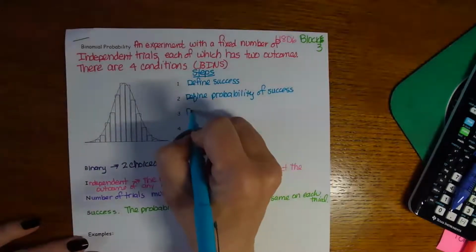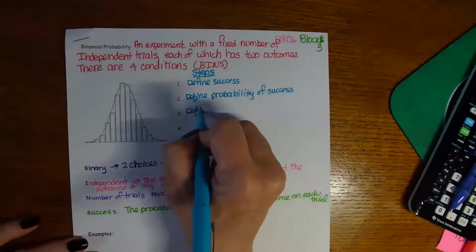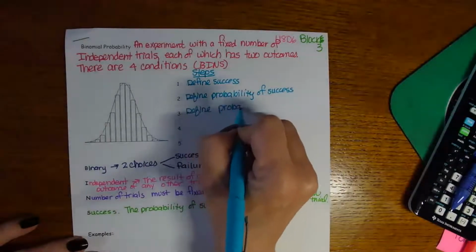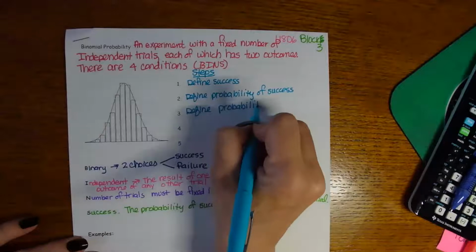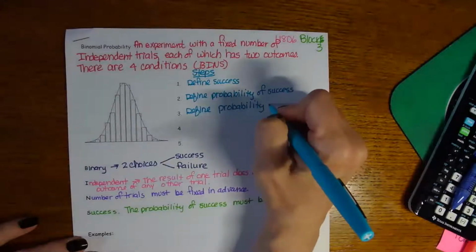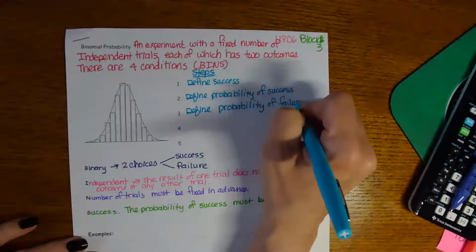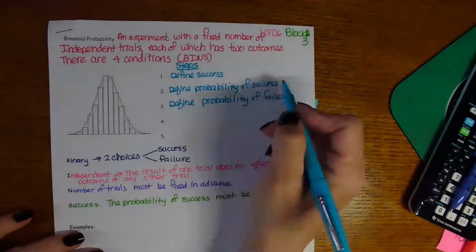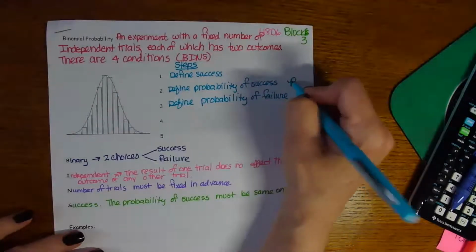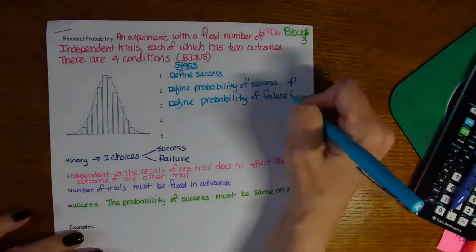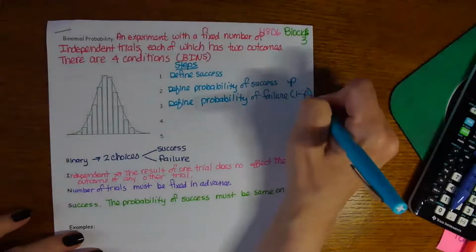If I have to define succeeding, what else do I have to define? So the probability of success has the small letter p. The probability of failure is 1 minus p, right?